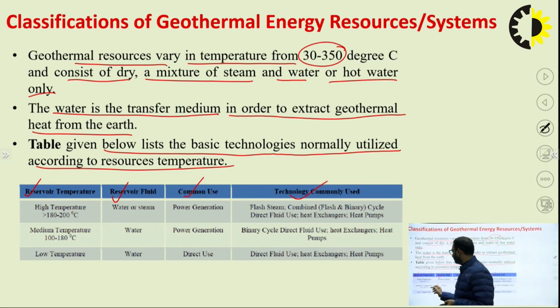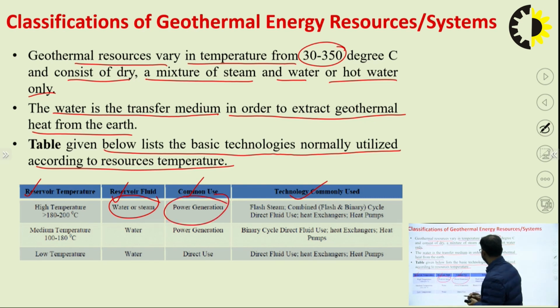If the temperature is greater than 180 to 200 degrees Celsius, this is called a high temperature reservoir, and the reservoir fluid is water or steam, and it is commonly used in power generation. And what is the technology commonly used for this power generation?